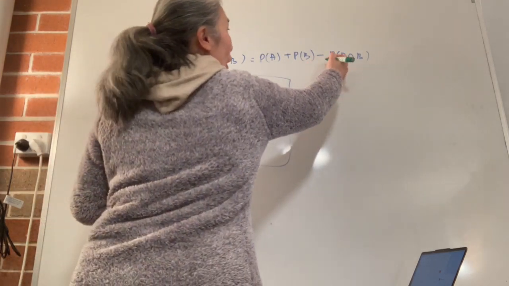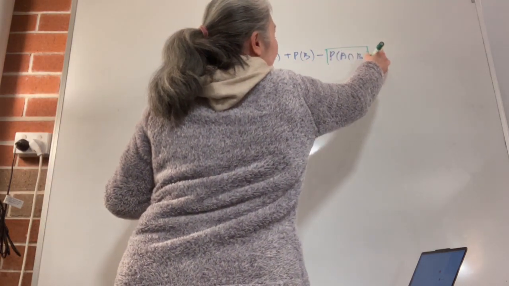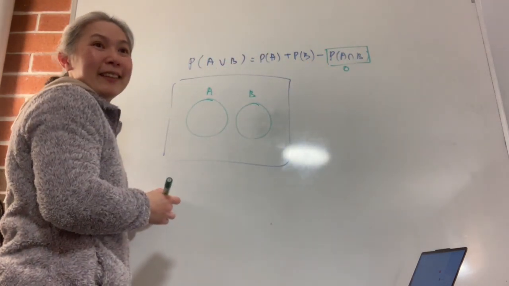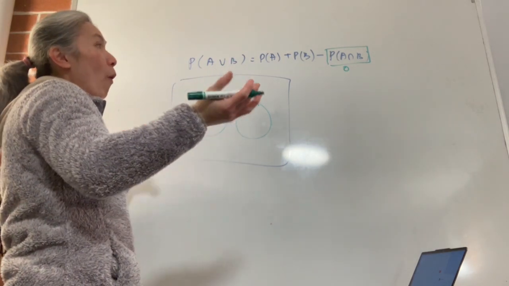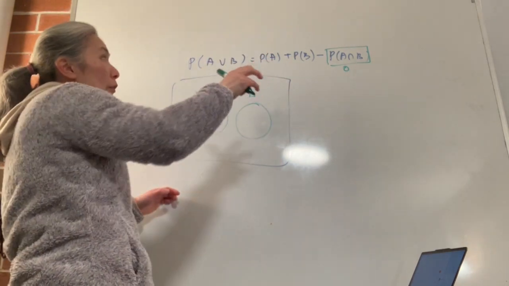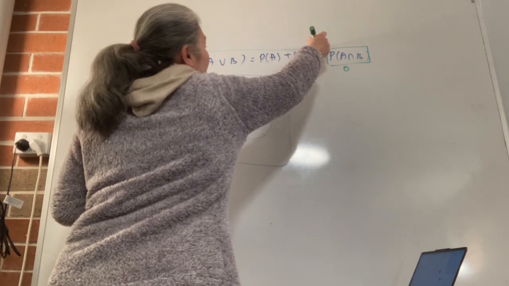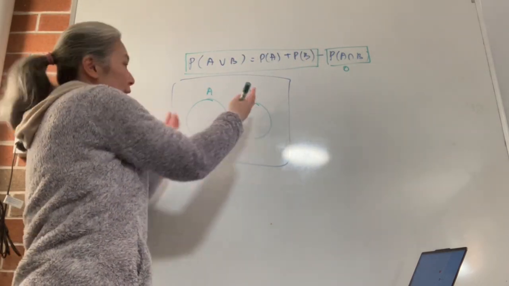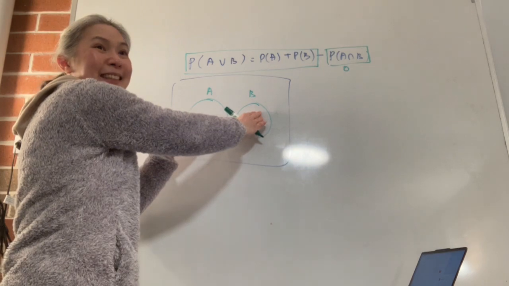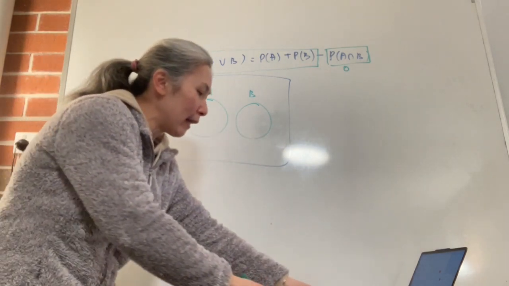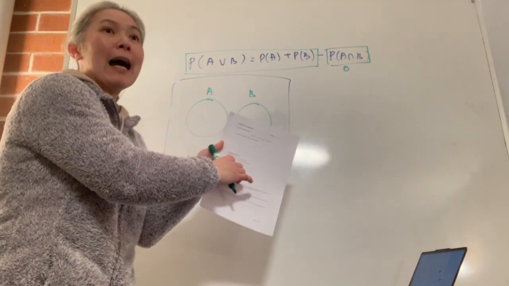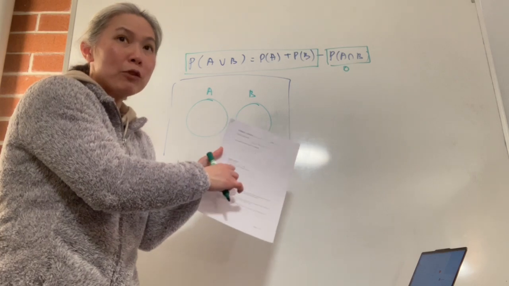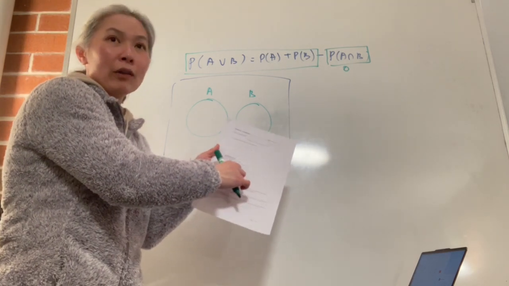That means the overlapping section must equal 0 because they don't overlap. Or, proof number 2, the probability of A or B equals A plus B, because they don't overlap, so I don't have to do the minus. If you need to prove it, you need to use either this or that.